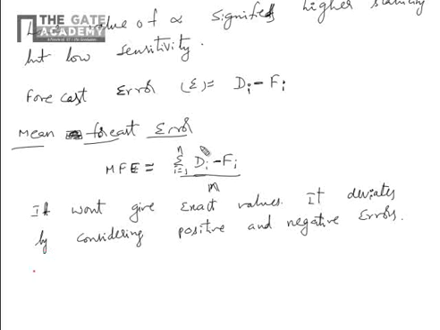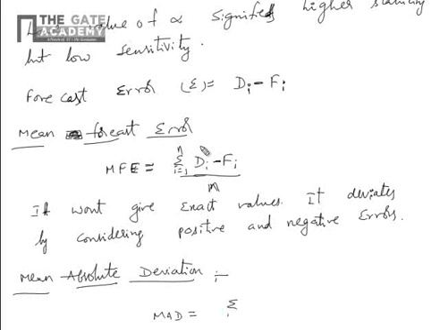So to avoid this, another method is mean absolute deviation, MAD. This is considered the best method for forecast error quantification. So MAD equal to sigma i equal to 1 to n, absolute value of di minus forecast, divided by n.